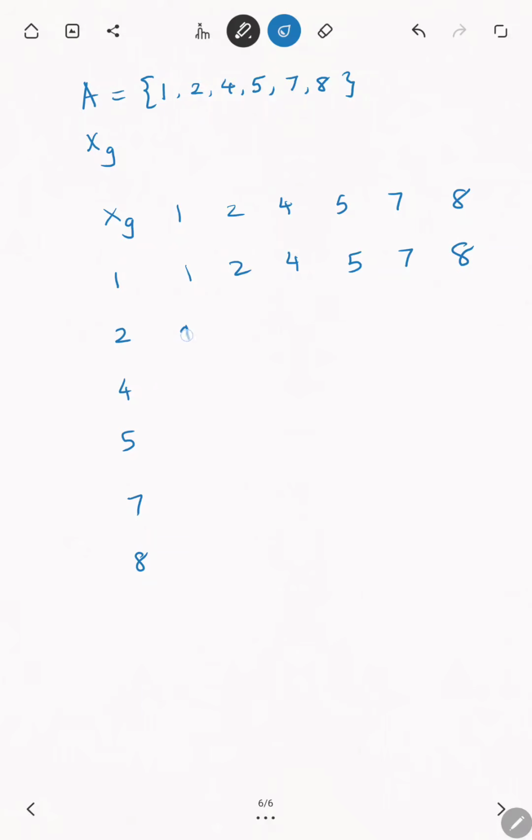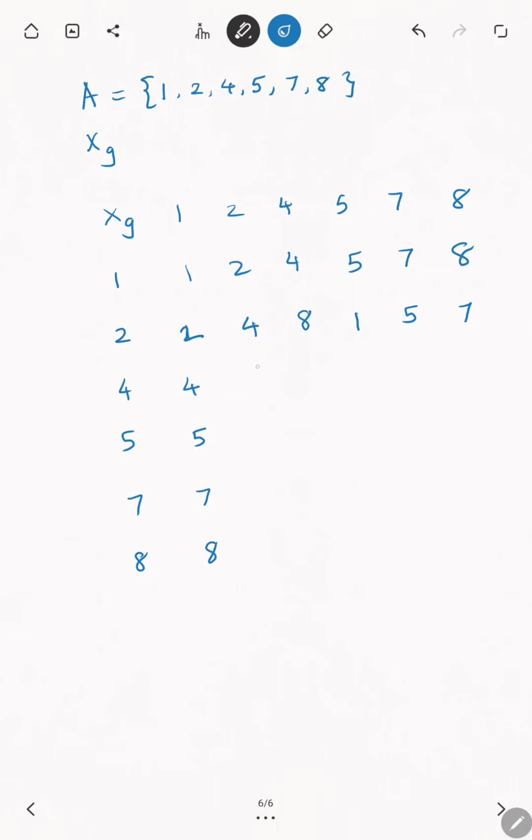All the elements will remain the same when multiplied by 1. 1 is the identity, of course. When you multiply by 2, 2 into 2 is 4, 2 into 4 is 8, 2 into 5 is 10, but 10 mod 9 is 1. 2 into 7 is 14, but 14 mod 9 is 5. 2 into 8 is 16, but 16 mod 9 is 7.